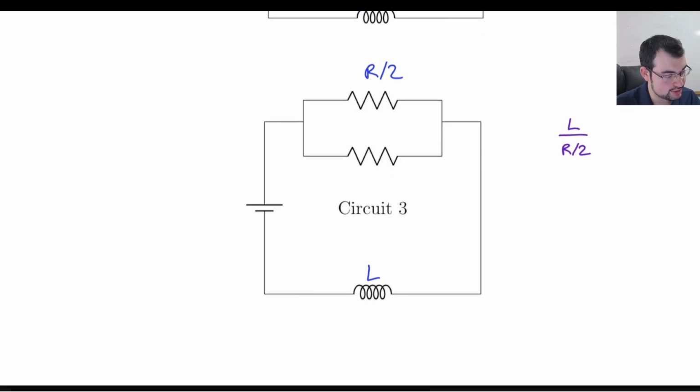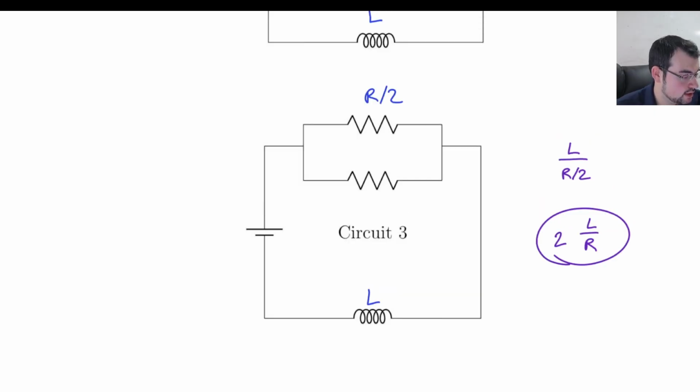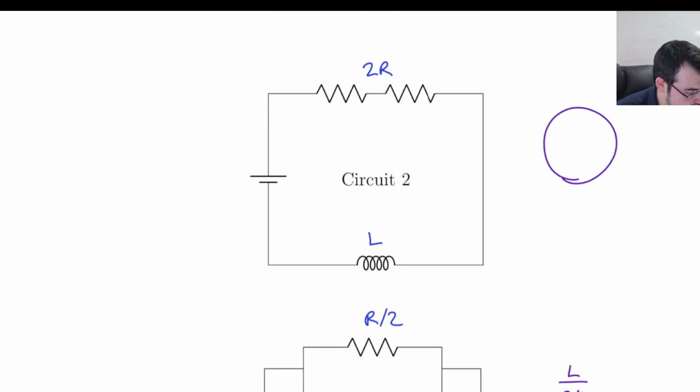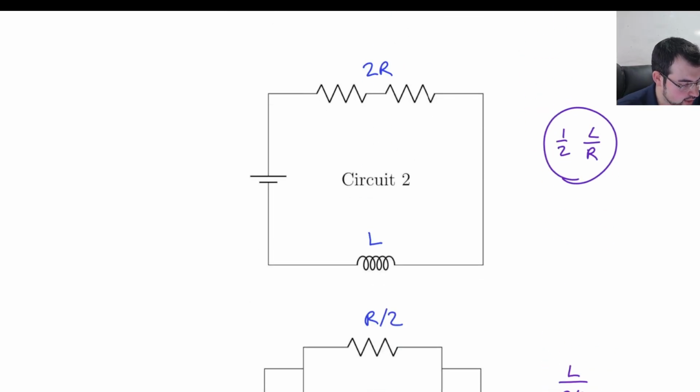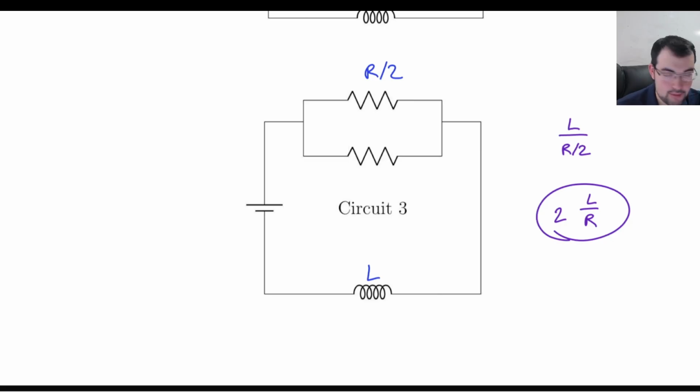So you get a double division, so we can pop that 2 to the top, and we get 2 L over R. So we get 1 L over R, 1/2 L over R, and 2 L over R.